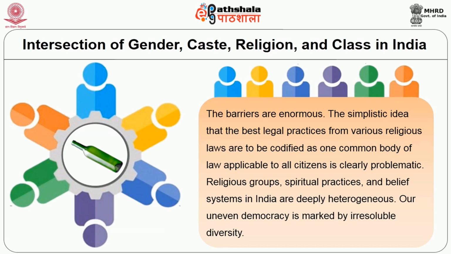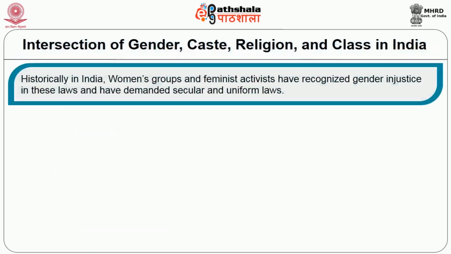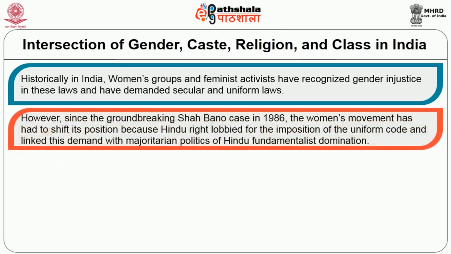Uniform Civil Code is often posited as an issue of gender and religion, but what about regional variations in gender relations and religious practices? How can we unify those? Historically in India, women's groups and feminist activists have recognized gender injustice in these laws and have demanded secular and uniform laws. However, since the groundbreaking Shah Bano case in 1986, the women's movement has had to shift its position because the Hindu right lobbied for the imposition of the Uniform Code and linked this demand with the majoritarian politics of Hindu fundamentalist domination.